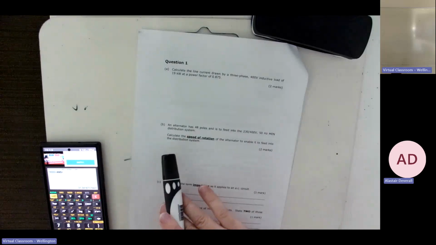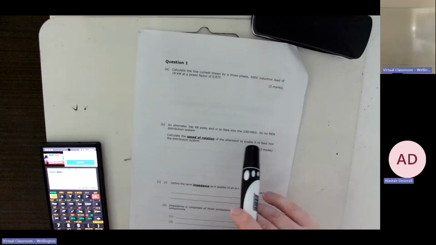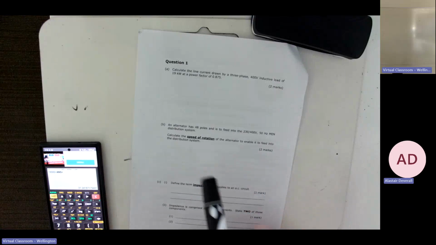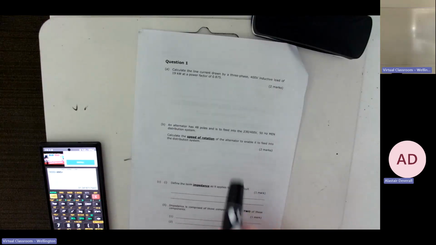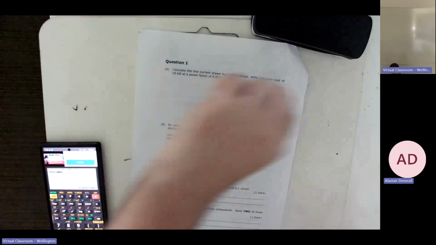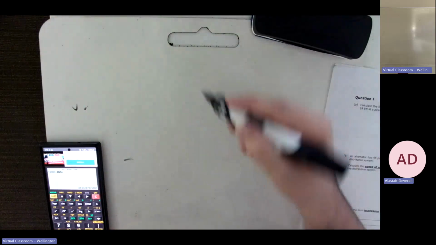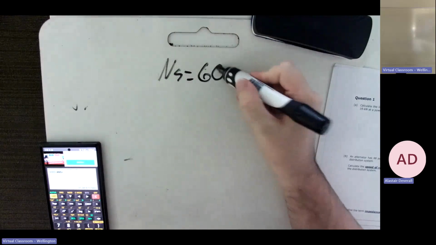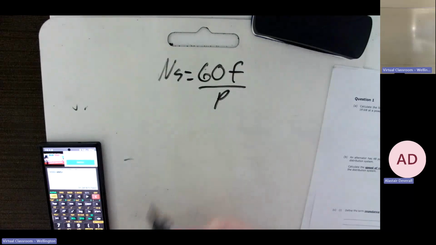We have an alternator with 48 poles and it is to feed the 230/400 volts 50 Hz MEN distribution system. Calculate the speed of rotation of the alternator to enable it to feed into the distribution system. Now, the formula you will have, if you look in your book, is NS equals 60F over P. Personally, I'm not a fan of this formula.